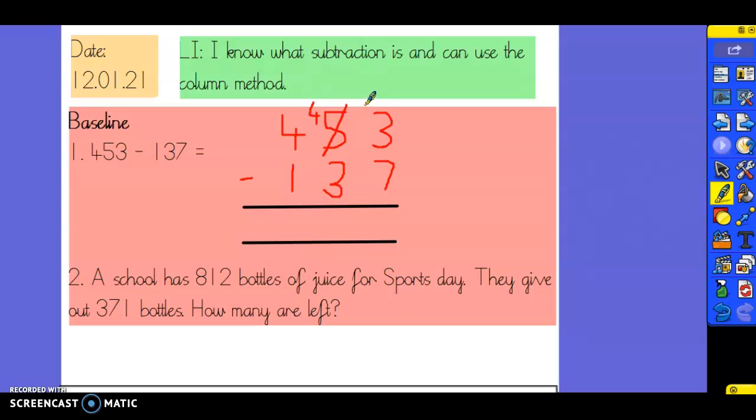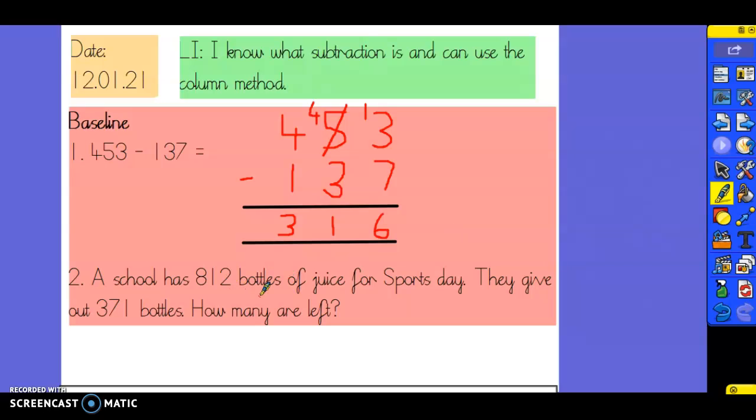We bring a 10 over to the ones column, so that now becomes 13. 13 subtract 7 gives us the answer of 6. 4 subtract 3 gives us the answer of 1. And 4 subtract 1 gives us the answer of 3. So our total is 316. Well done to those of you who got that one right.